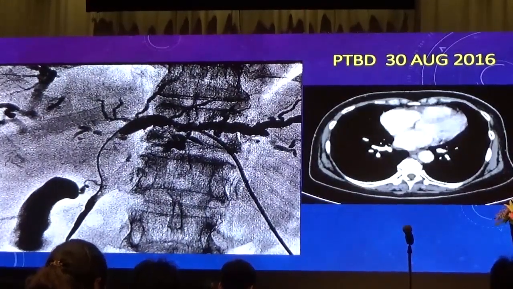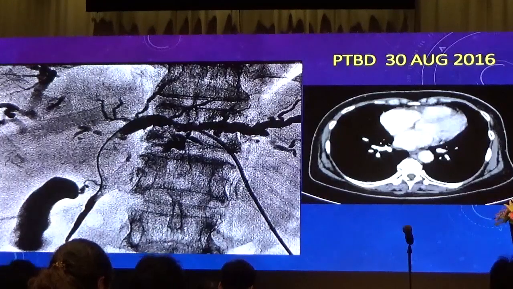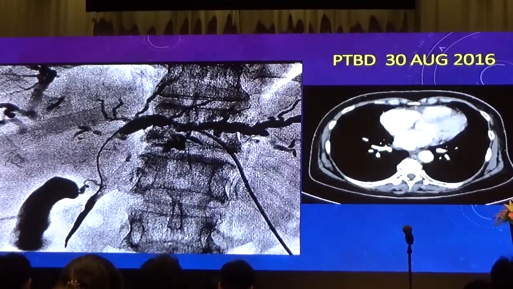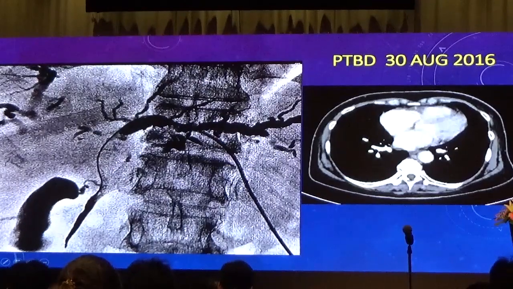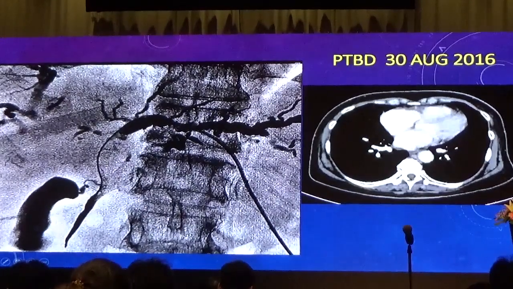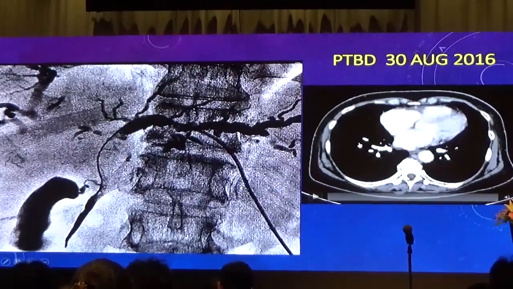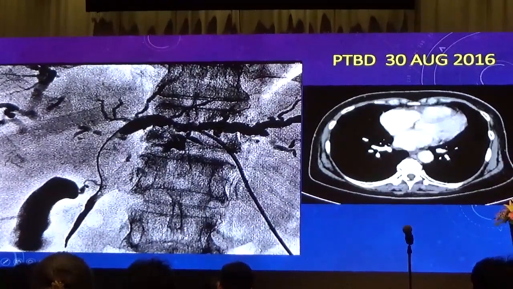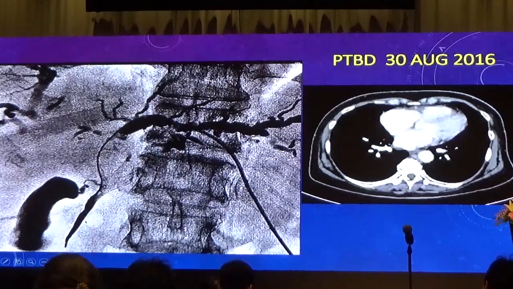In this case, we performed a PTBD in August 2016. It's a PTBD to the left, and to the right hepatic duct. And we can pass the tube into the bile duct, the gallbladder.